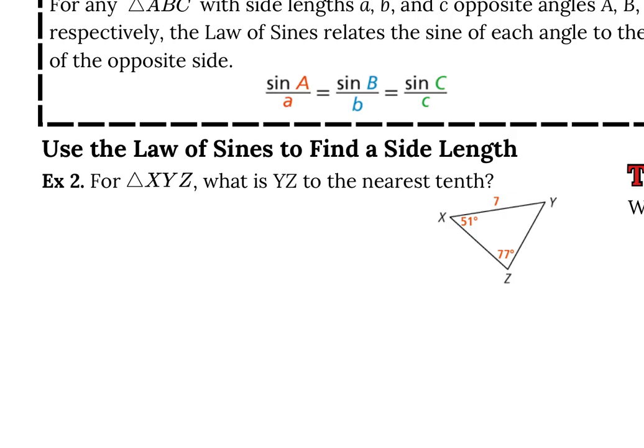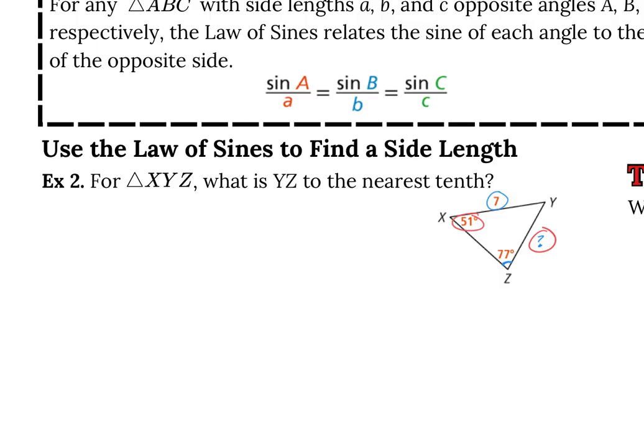For triangle XYZ, what is YZ? We're looking for this side. The first thing I'm going to do is look for an angle that has a side opposite it. This angle has this side opposite. The side I'm looking for has this angle.